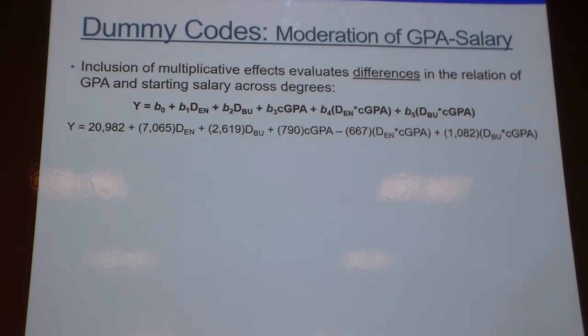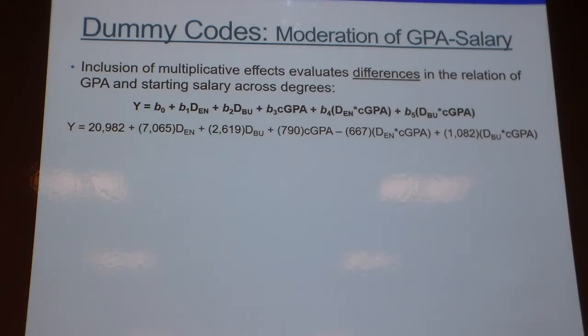All right, so what we're going to do is start including some interaction terms that are going to look at differences in the relation between GPA and starting salary based on different degrees, right? In our additive model, we can't ask this question. Even when we can ask it, the model's just not going to tell us. But as soon as we start incorporating interaction terms in here, we can start looking at more nuanced ways in which this whole thing plays out.